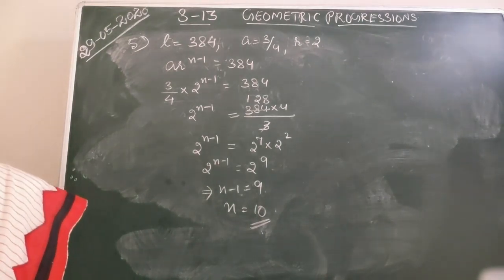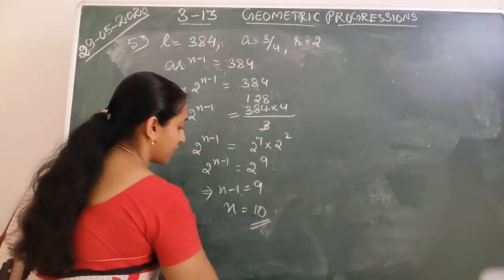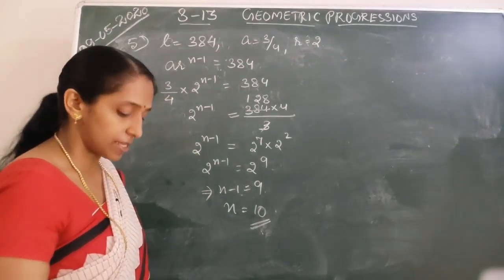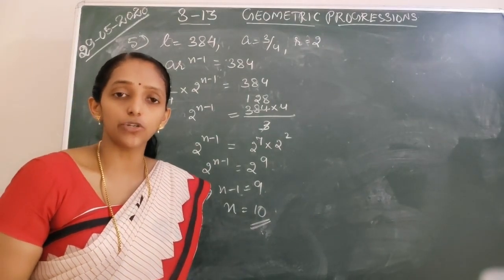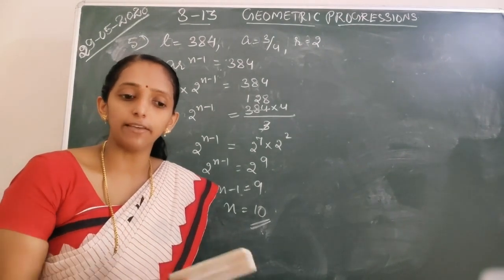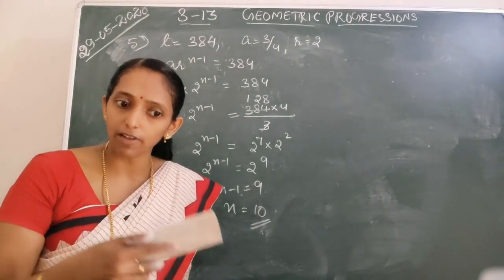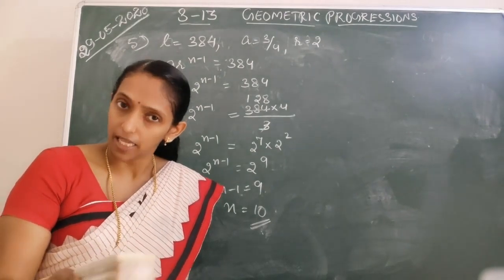Question number 6. Find the value of x. How will you find out? As we have seen in the GP, the common ratios will be constant. So x divided by minus 2 by 7 will be equal to minus 7 by 2 divided by x.